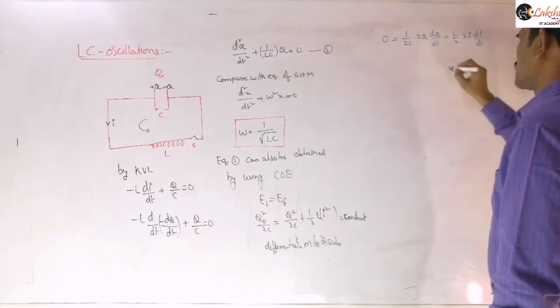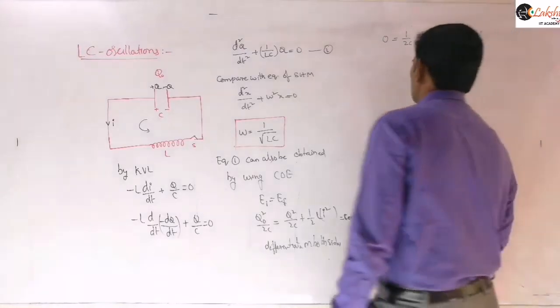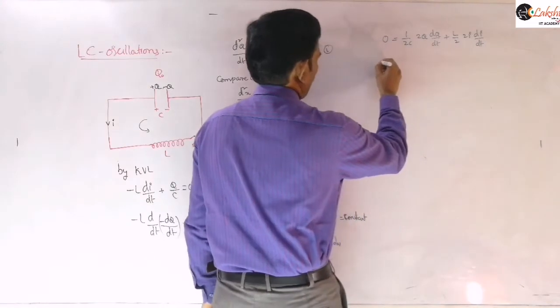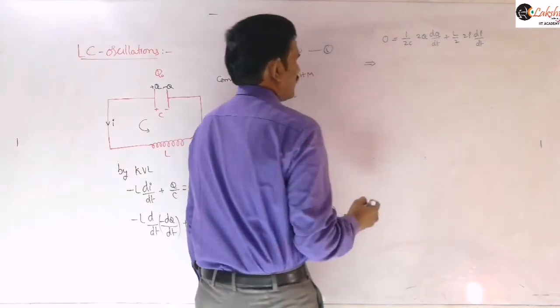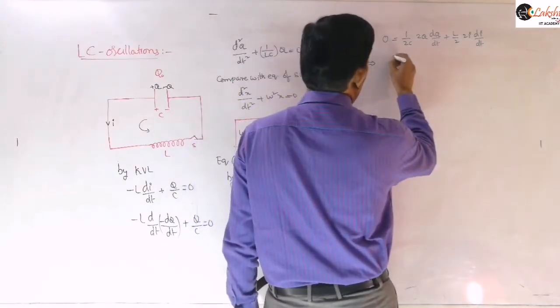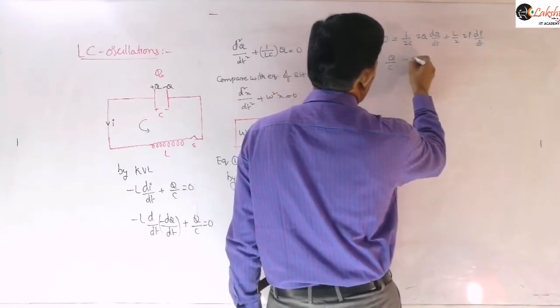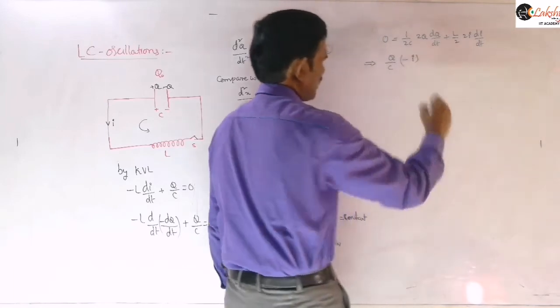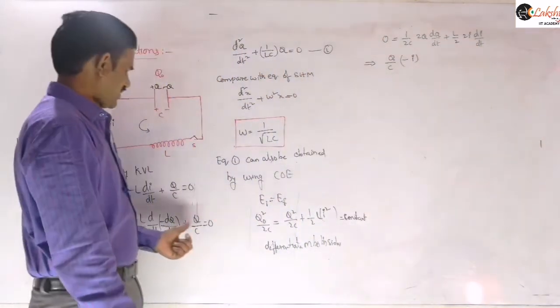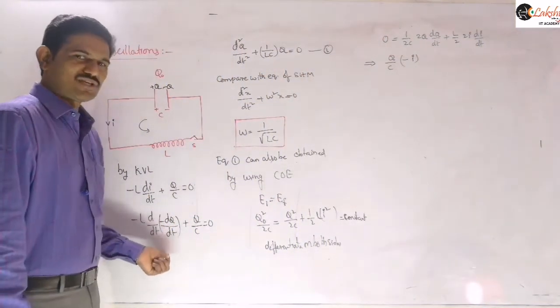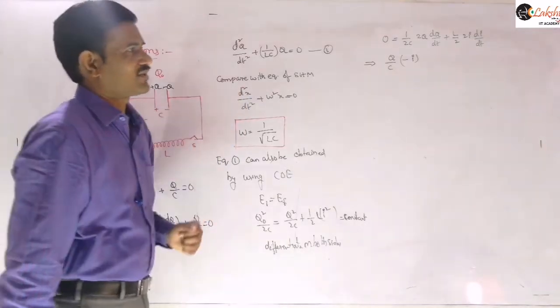So this is q by C into, actually this is minus dq by dt. We need to write that as minus i, because minus i means we mentioned it as minus dq by dt. That is the meaning there.